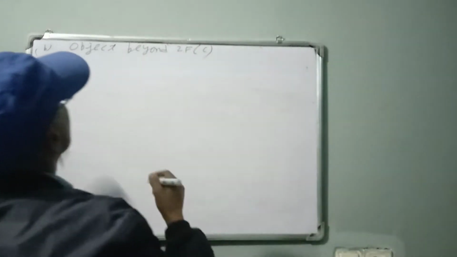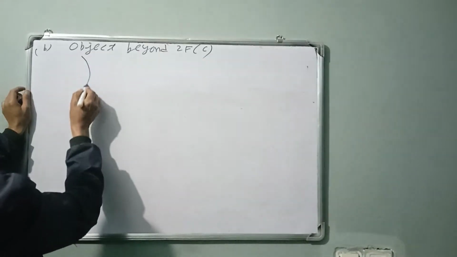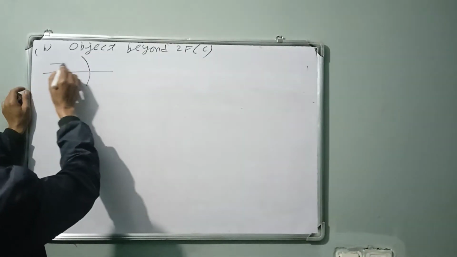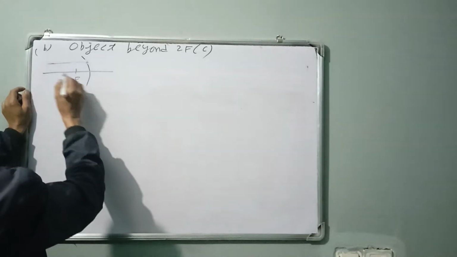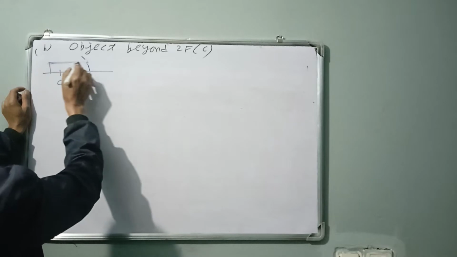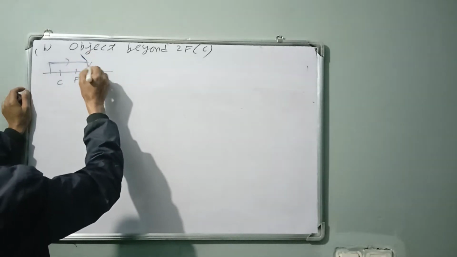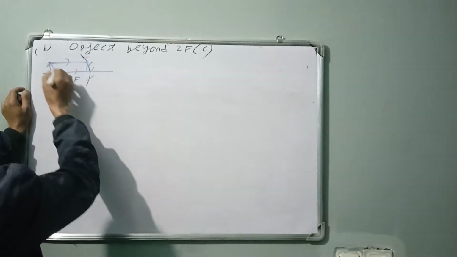Beyond the center of curvature. See how to draw the incomplete diagram. This is an incomplete diagram. The object is here, somewhere away from the center.